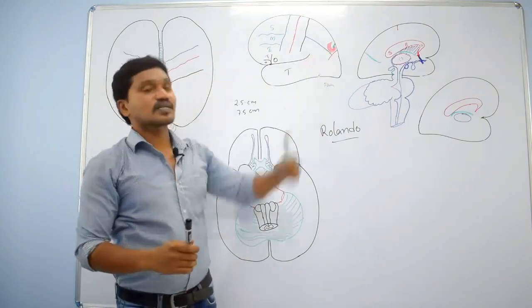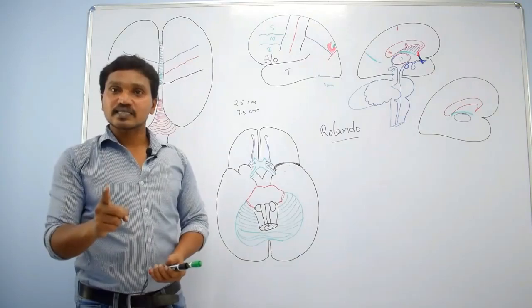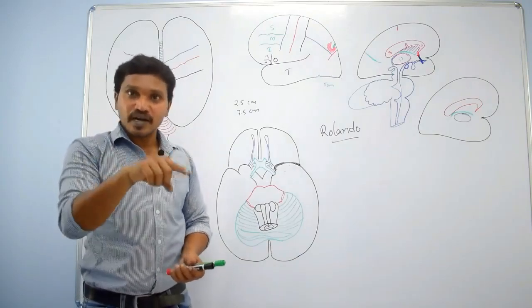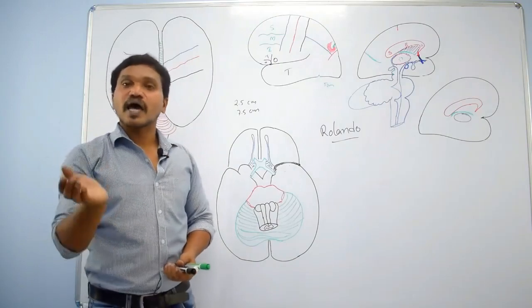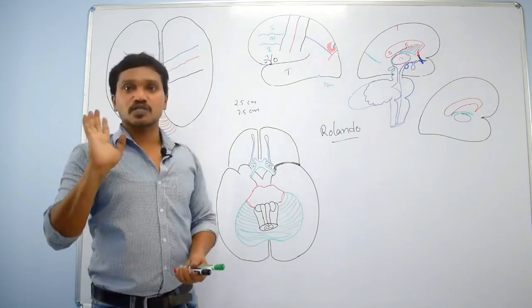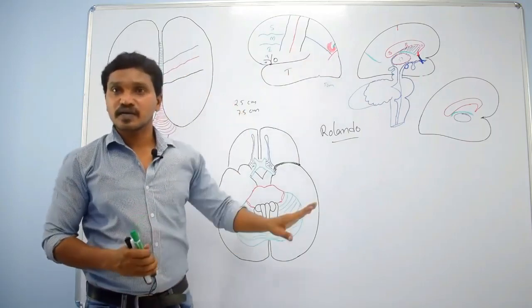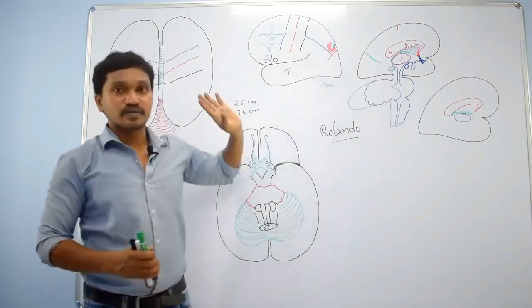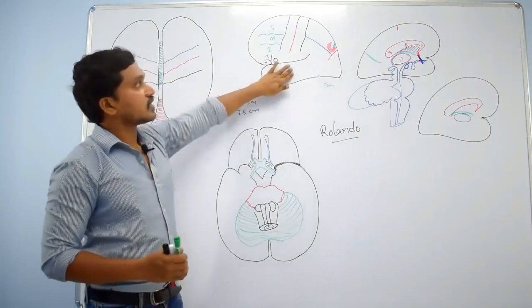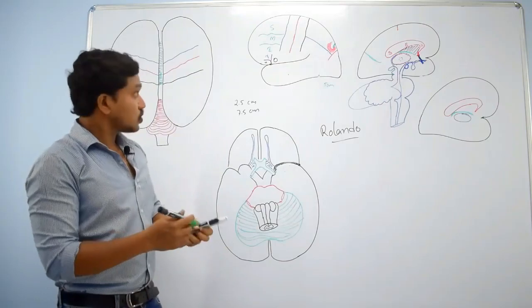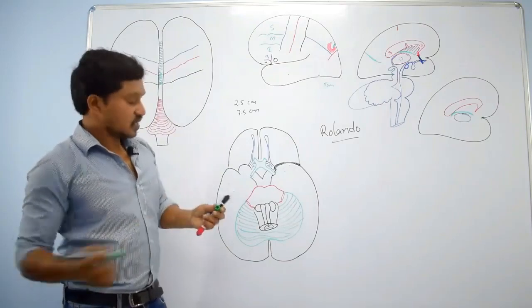So that's what that gyrus what we call arcus. Arcus means arch. Around what? Parieto-occipital sulcus. That's what arcus parieto-occipitalis. Right? Then, if you take the temporal lobe, in the temporal lobe, two sulcus are there.